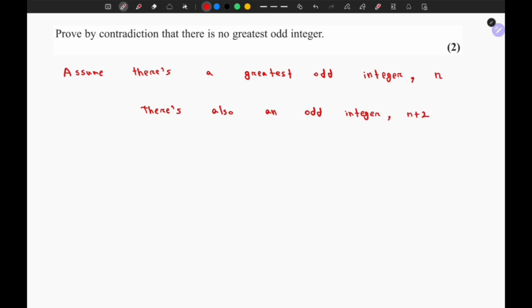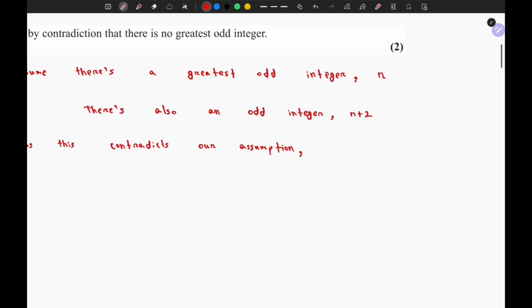Now we can say that thus this contradicts our assumption. So there is no greatest odd integer.